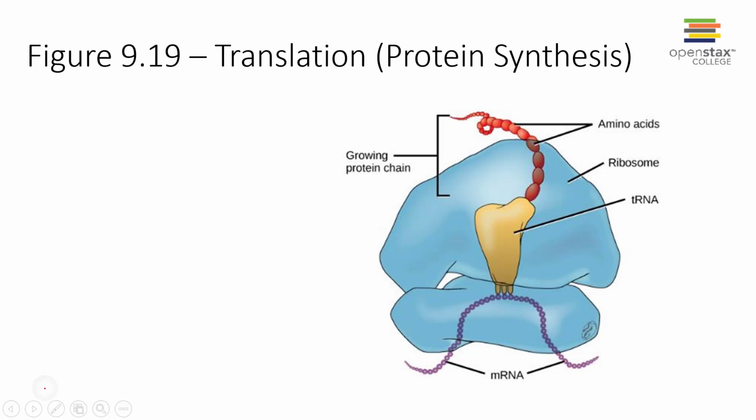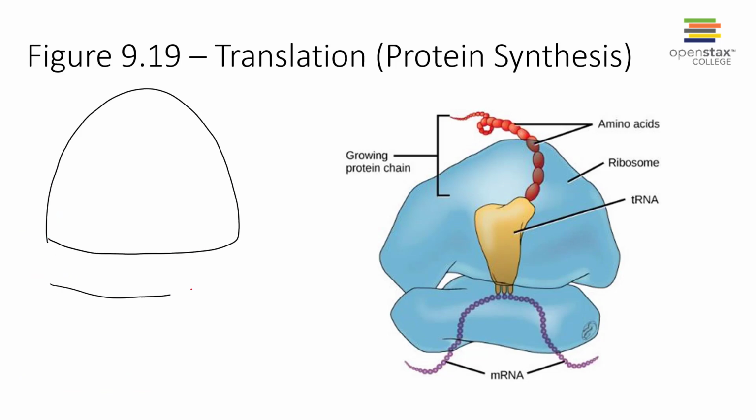Let me also show you how I would do that picture in my notes. What they're showing you here is the ribosome, and that the ribosome is really composed of two subunits. Sometimes I refer to these as hamburger buns, if you will, like we're making a sandwich. So I hope you're not hungry as we go into all this food terminology.